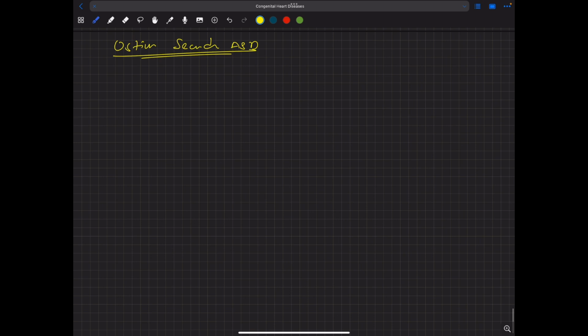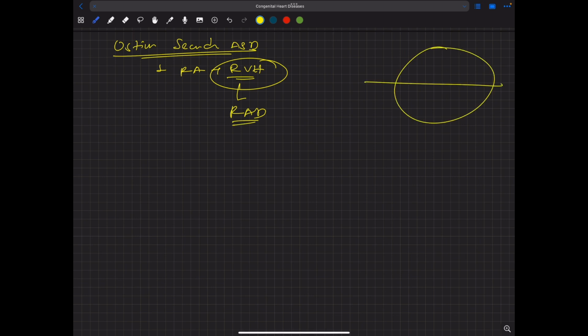I told you, ostium secundum type of ASD is the most common ASD. There is volume overload in the right atrium, so there will be right ventricular hypertrophy. So it will lead to right axis deviation. In case of ostium secundum type of ASD, we will see right axis deviation. So how will we come to this part?